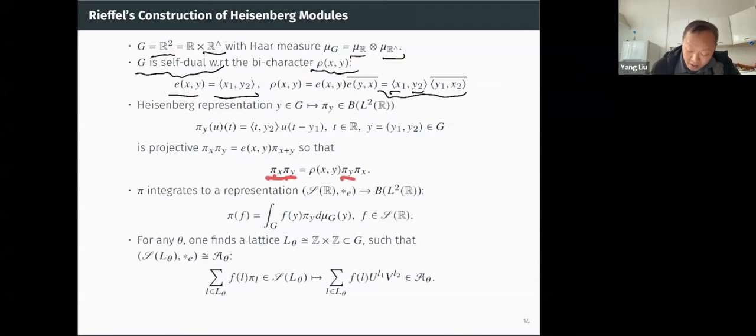Pi of x composed with pi of y. If we switch the order, what happens? We have E of xy and E of yx with a conjugate, which by definition is the rho here.